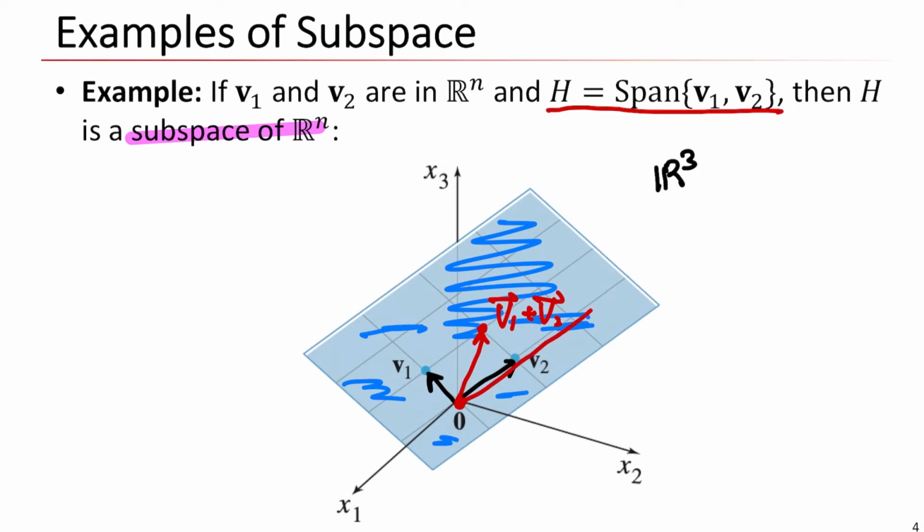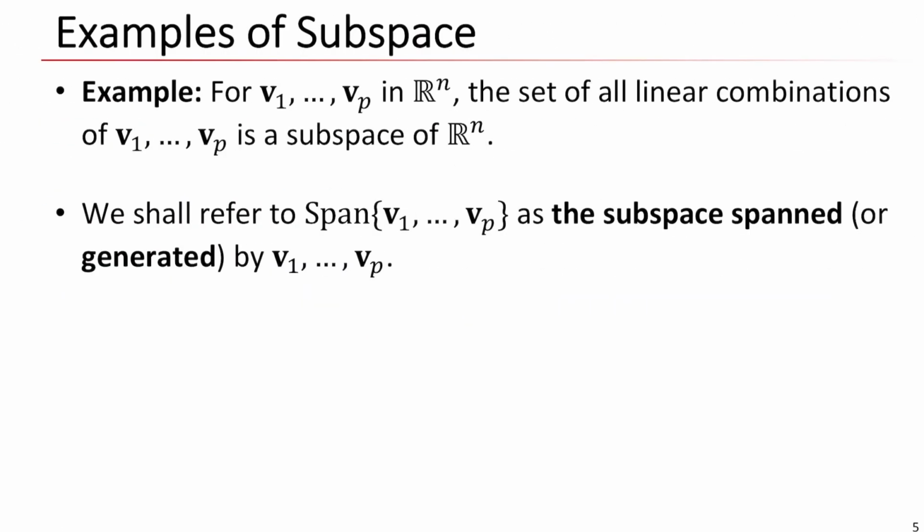Then another vector, let's say 3v2, is also in this plane. So these three properties are satisfied, so this span space is a subspace, okay? So this is one example of a subspace.